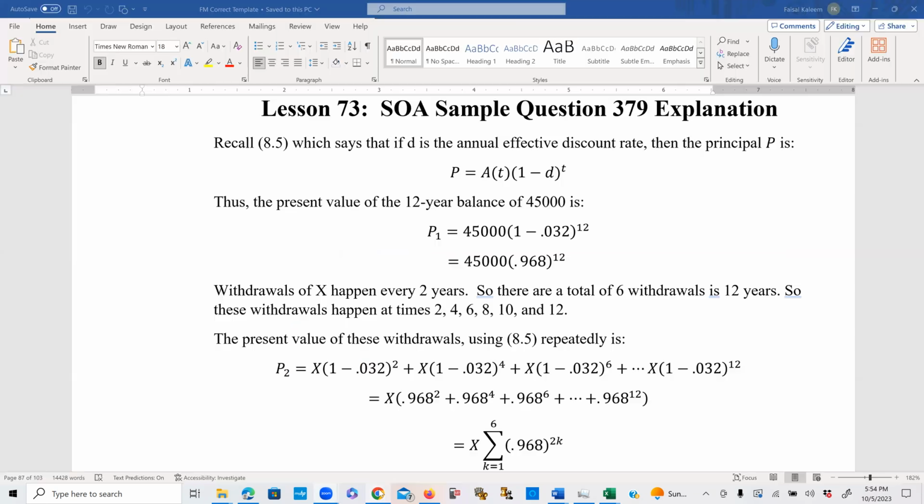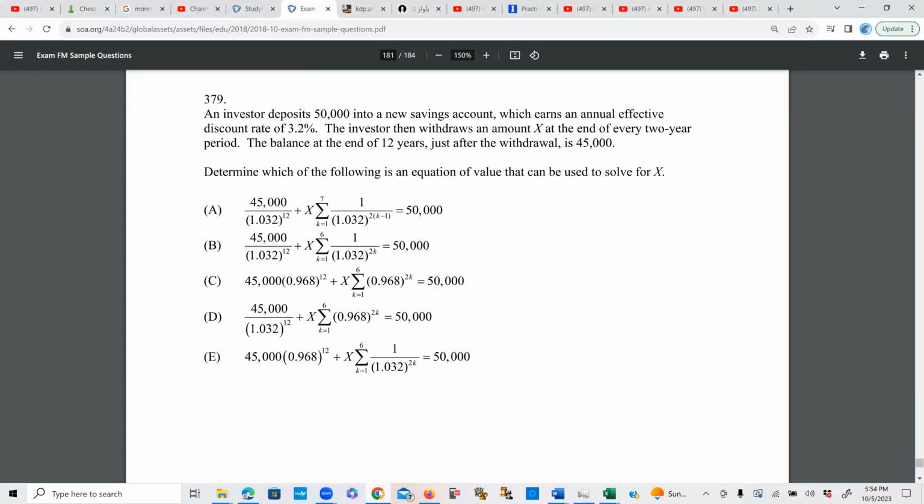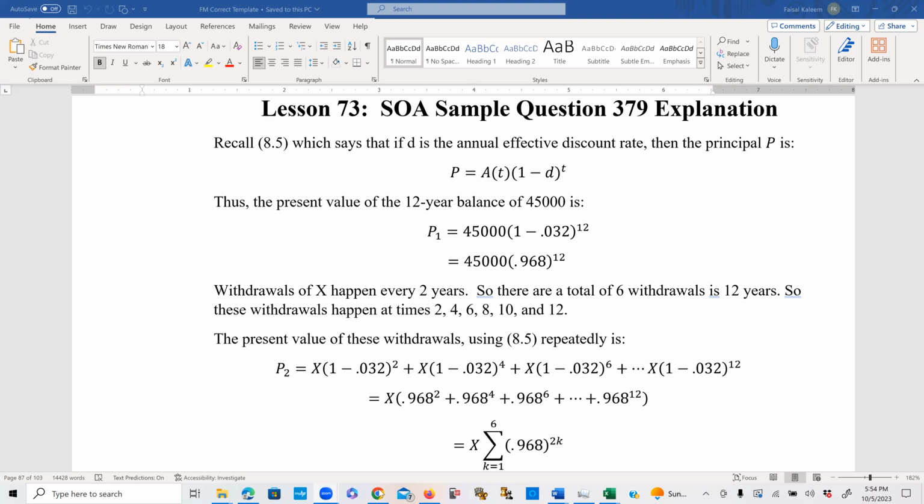Now here we are given a discount rate, and we know from equation 8.5 that the present value, or the principal under the discount rate, is obtained by multiplying the amount function by (1 - d)^t.